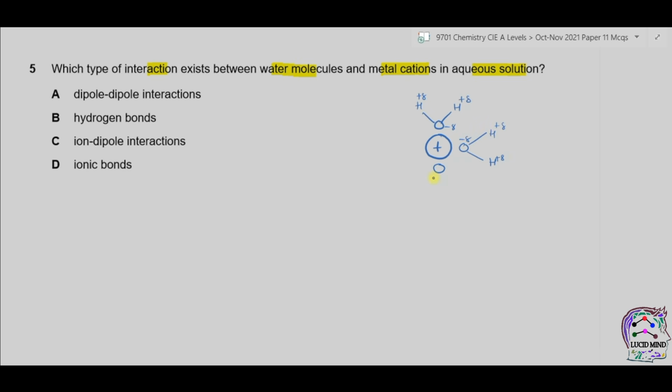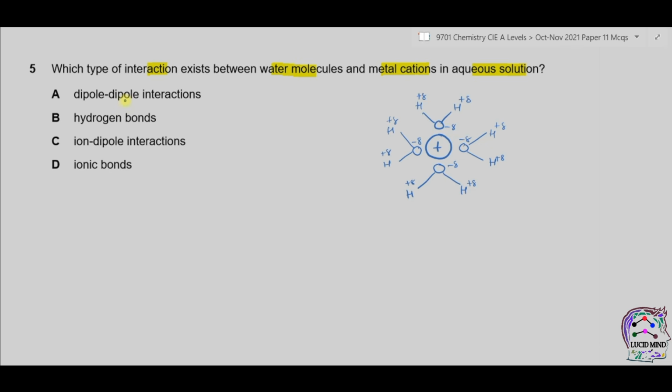So in this way, dissolution occurs. Similarly, a negative ion is surrounded by the hydrogen ends of water molecules.